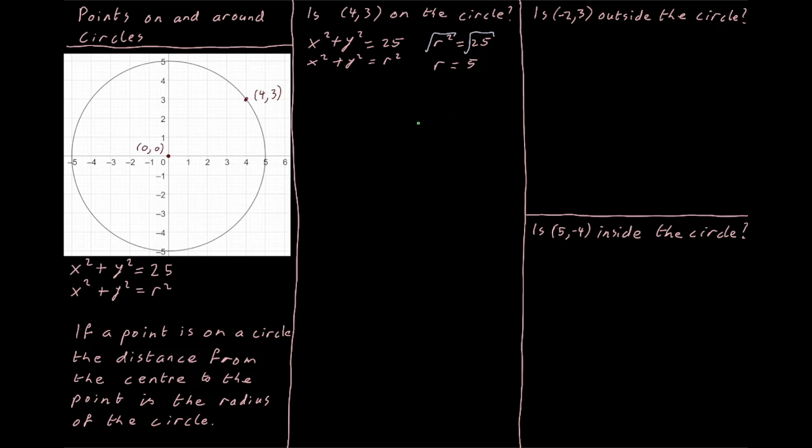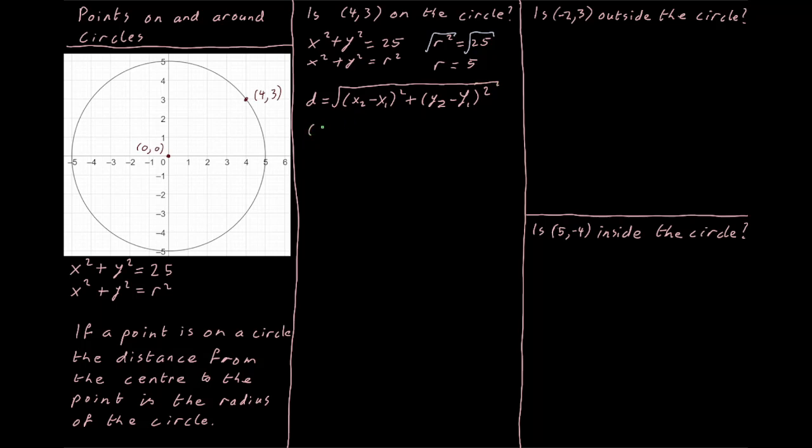So we're looking for the distance between 2 points, the center and the point that we're testing if it's on the circle or not. So we use our distance between two points formula from our log tables. So we have the square root of x2 minus x1 to be squared plus y2 minus y1 to be squared. That's all under the square root. And we say what our points are.